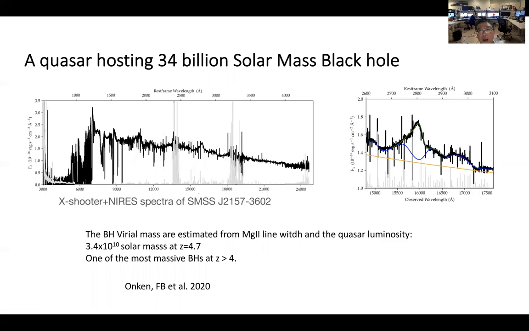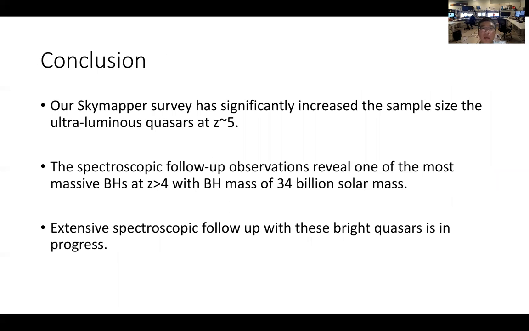With this well-constrained emission line width, we estimated the quasar black hole mass to be about 34 billion solar masses. The quasar is at redshift 4.7, which places it as one of the most massive supermassive black holes at redshift 4. Here are our conclusions.